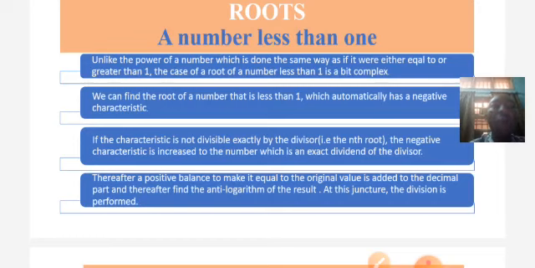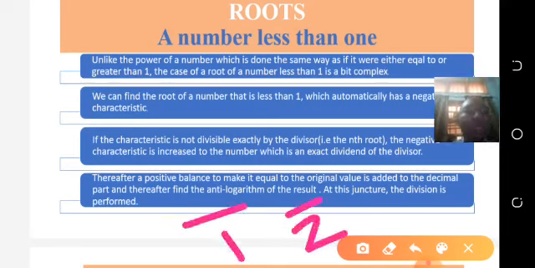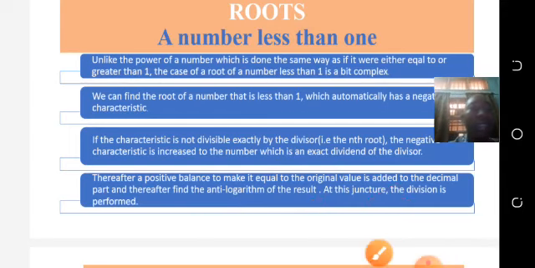And that negative, under logarithm class, we always call bars. Like bar 1, bar 2, bar 3. This is bar 1. This is bar 2. This is bar 3. That's what numbers that are lesser than 1 are all about.